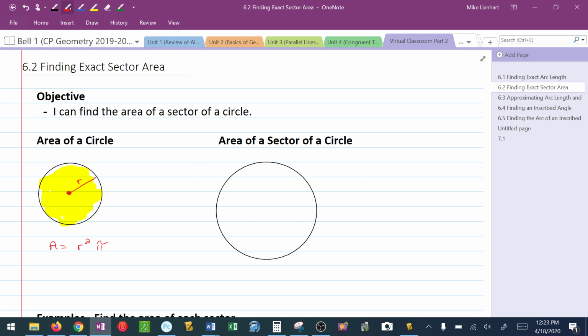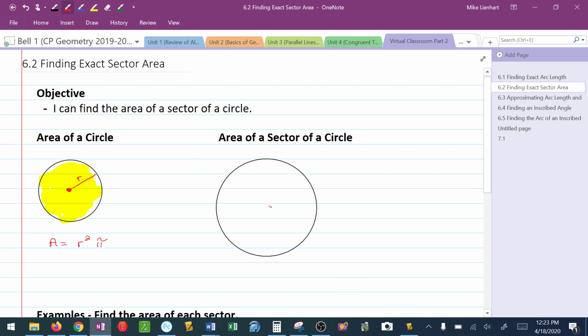What we're going to look at today is this thing that's called the area of a sector. Let's say that we have a circle here with a radius r, but now we're going to create a central angle using another radius with an angle measure in here of theta, and that gives us this thing that is called a sector.